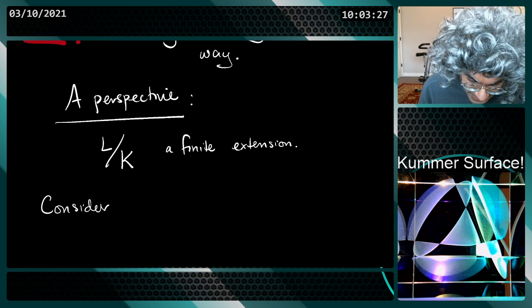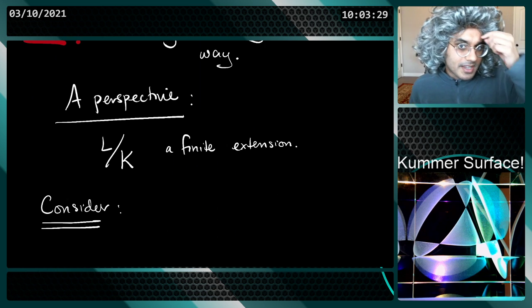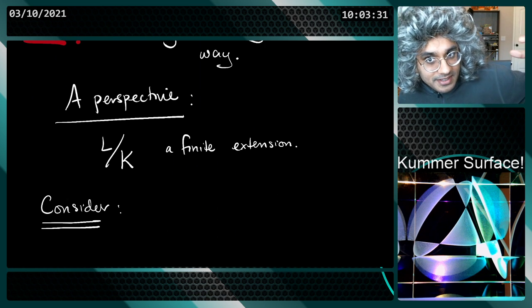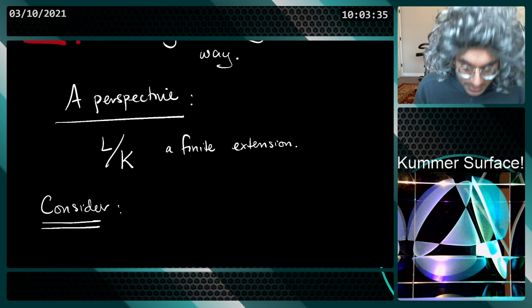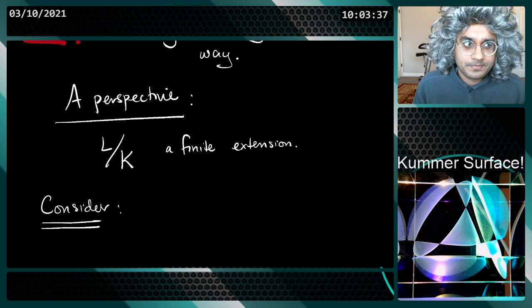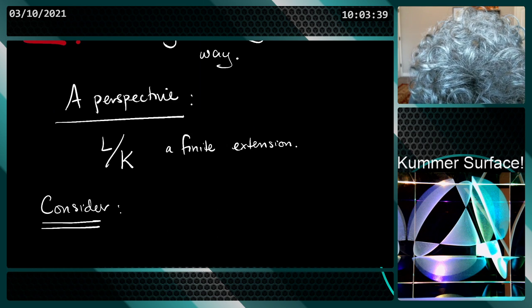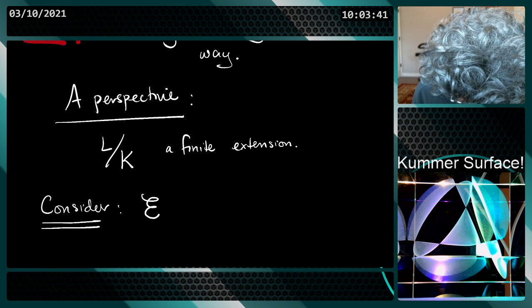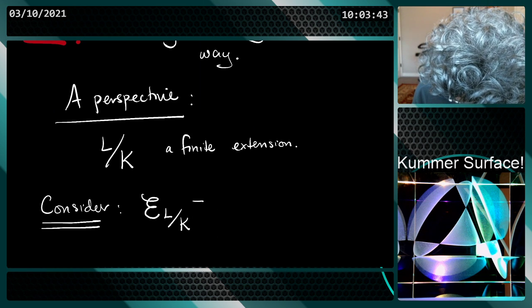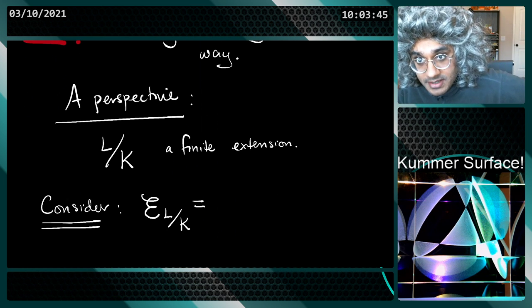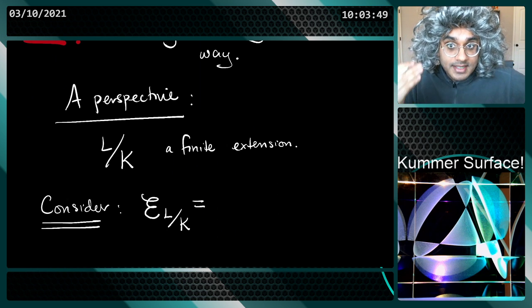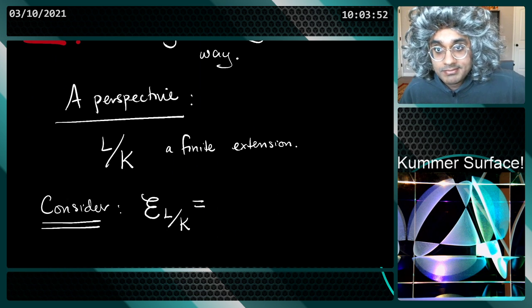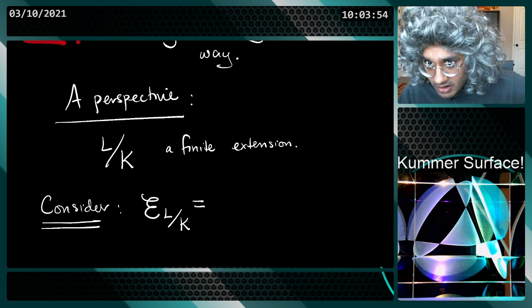This is a thing to think about. It's a set to think about sometimes. Consider the set, I'll call it E of L over K. It's the set of K homomorphisms from L into the complex numbers, or Q bar.